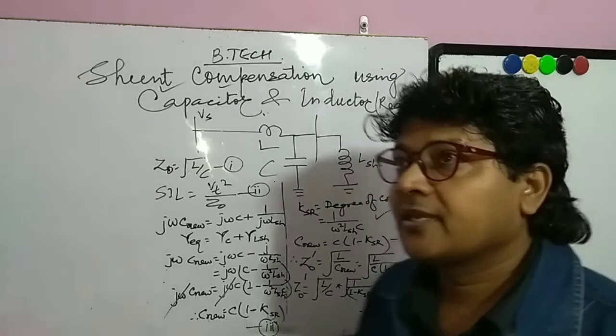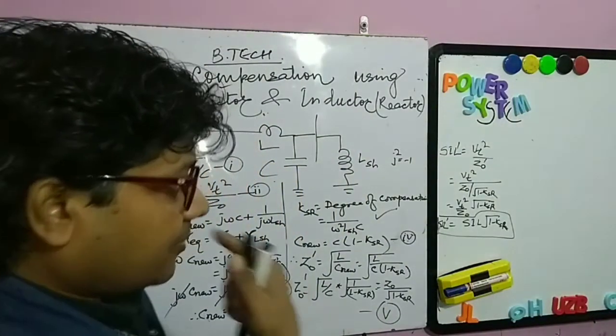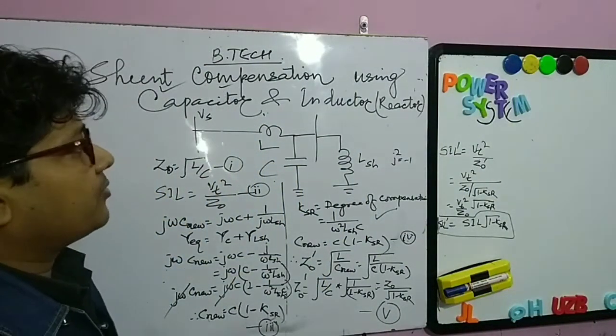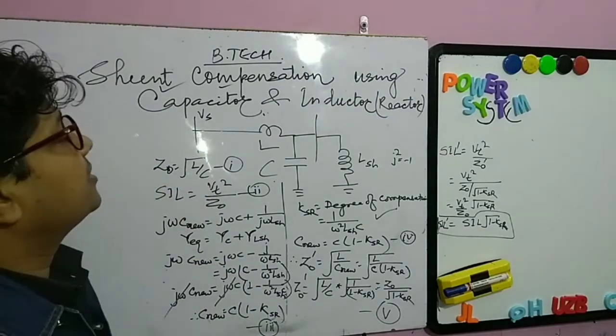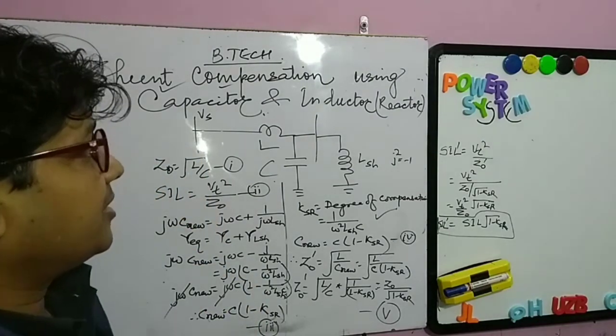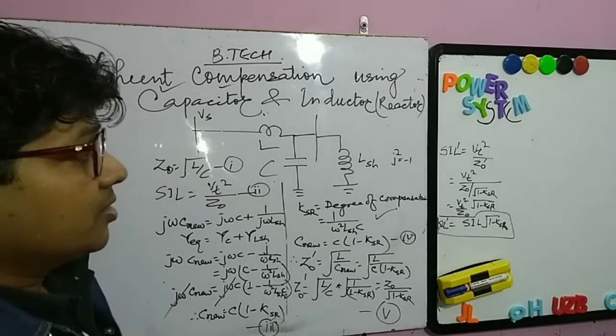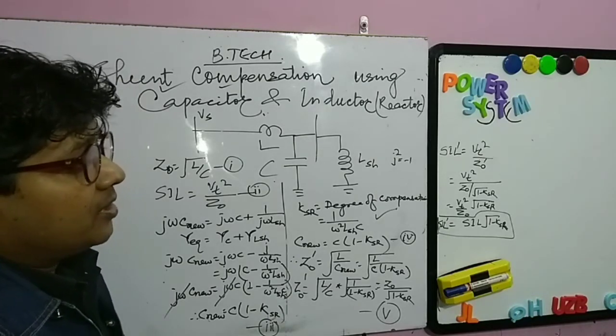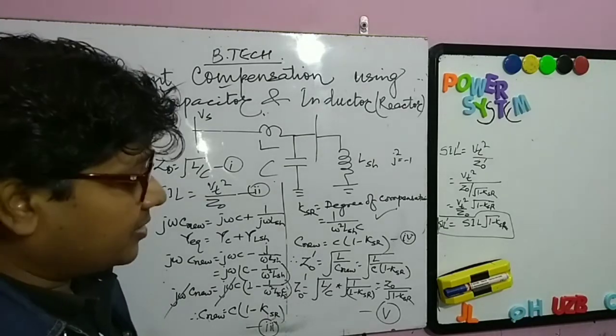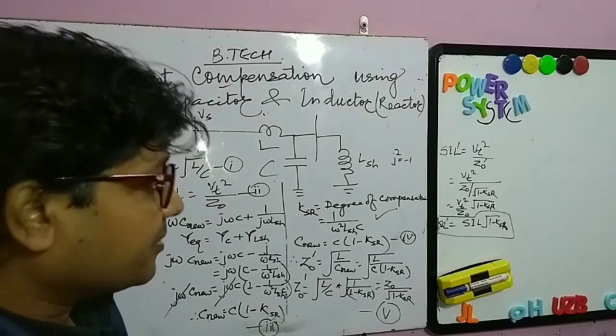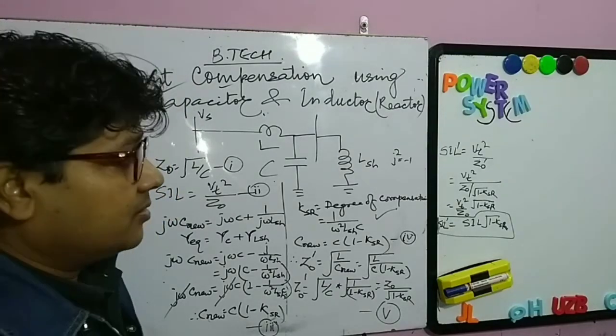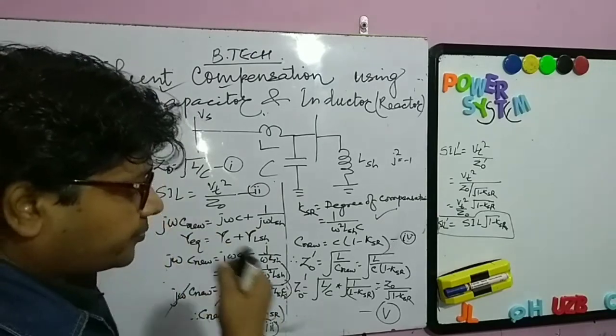So let us quickly move ahead to a problem, because we have calculated for shunt capacitor compensation and shunt inductor or reactor compensation. So now we will try to solve a numerical based on it.